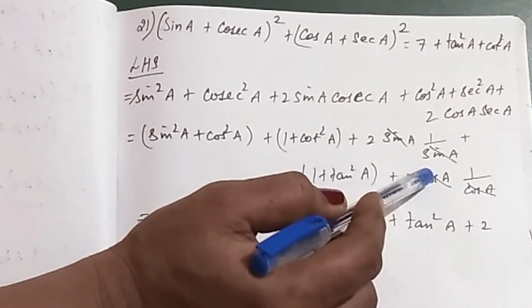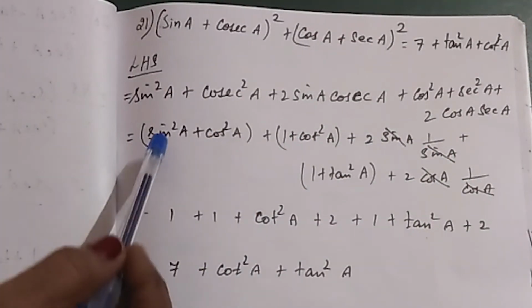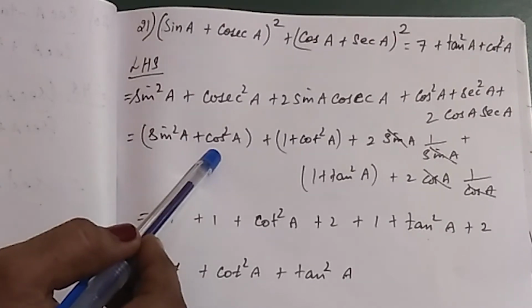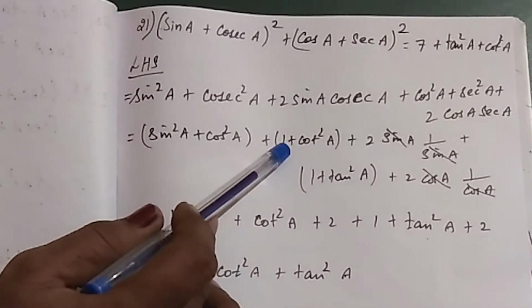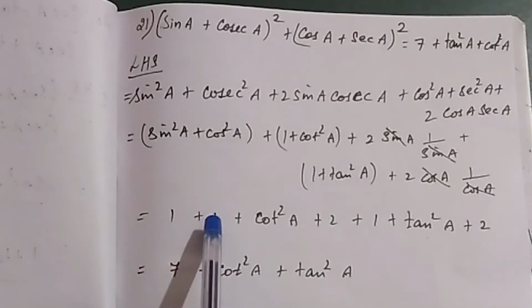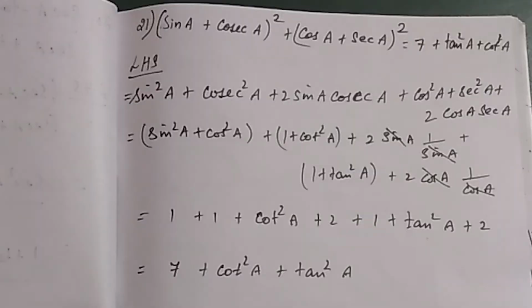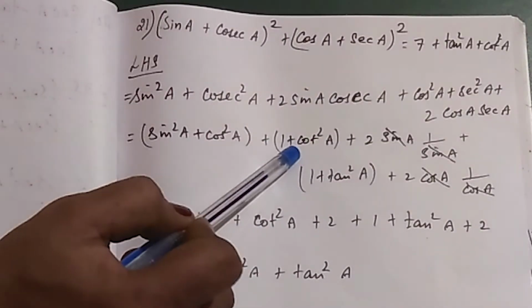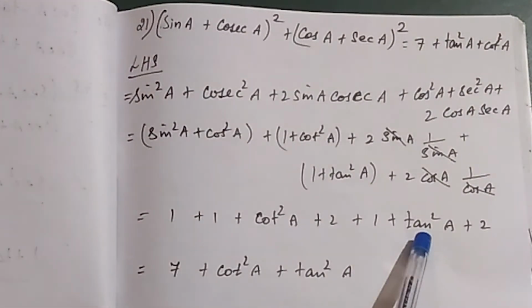Cos A and cos A get cancelled. Sin A and sin A get cancelled. Now what is left? Sin squared A plus cos squared A is equal to 1. So 1 plus 1 plus 2 plus 1 plus 2. And then cot squared A and tan squared A left. Right? Cot squared A and tan squared A.